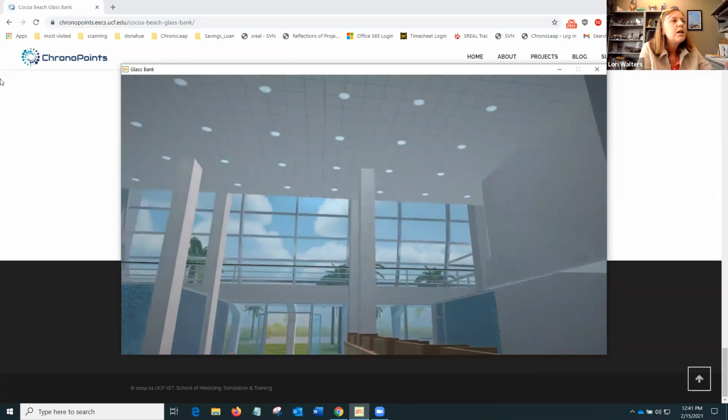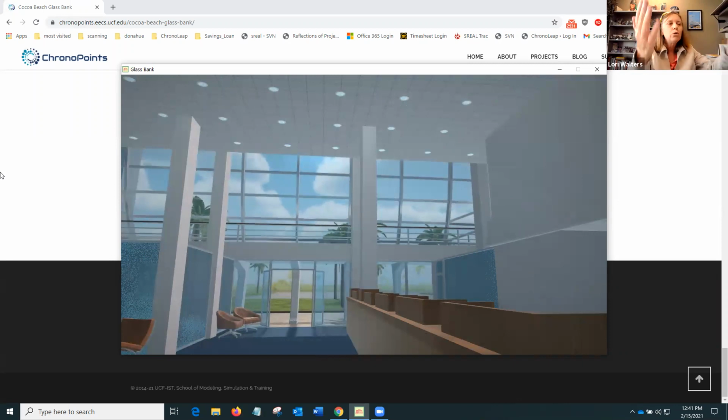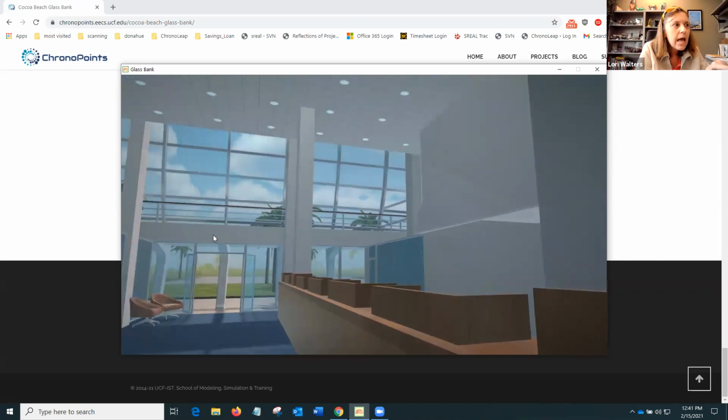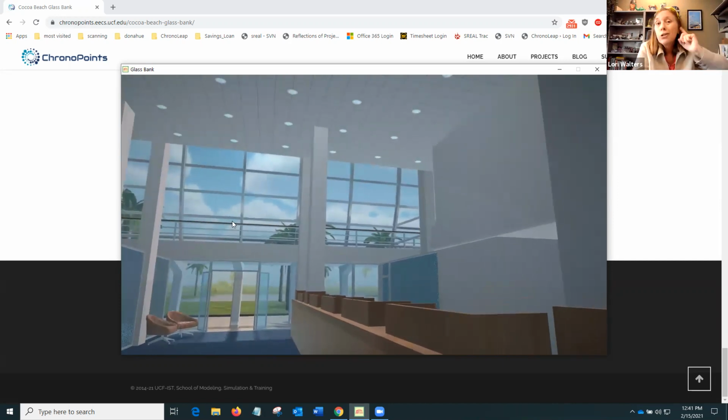We did determine that there were echo problems, horrific echo problems. Again, this big open space was beautiful and really nice to experience visually. But we also found that if you were here, a teller chatting with somebody, people on the mezzanine level could hear what you were saying, and vice versa. If you were up there chatting, people downstairs could hear you easily.